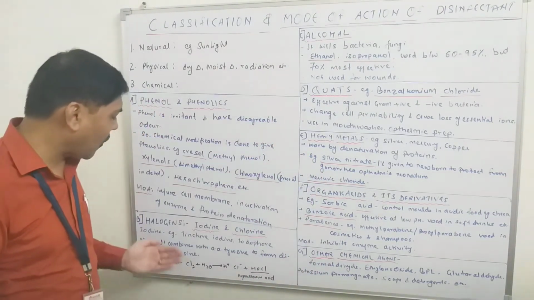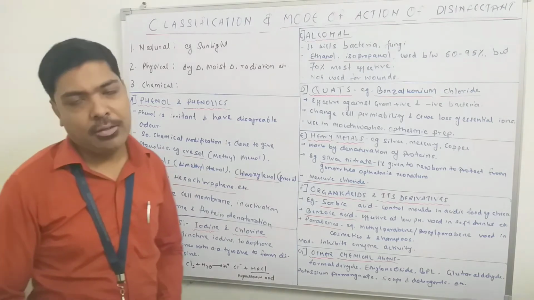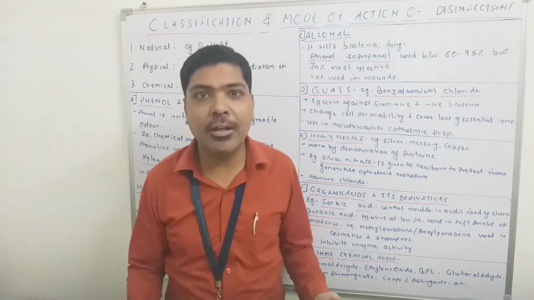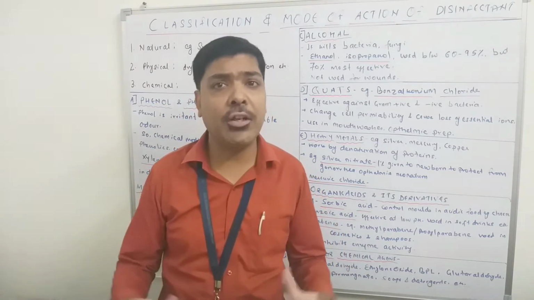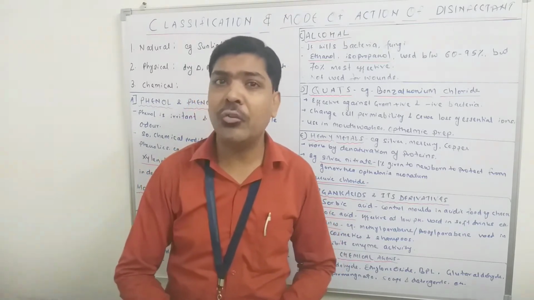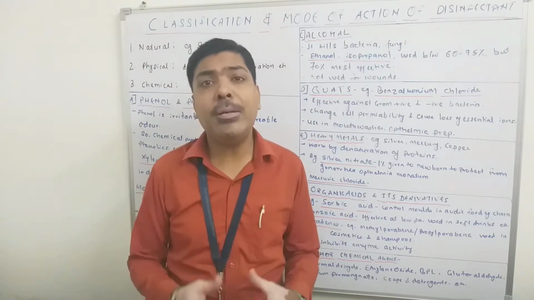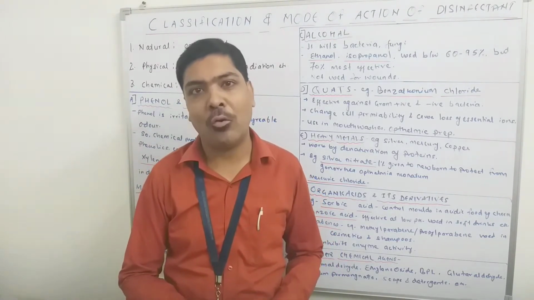Now the next class of halogen is chlorine. Chlorine is also widely used, definitely for the disinfection of water, some utensils, and various larger equipment available in pharmaceutical industries. The basic mechanism by which chlorine acts is the formation of hypochlorous acid.